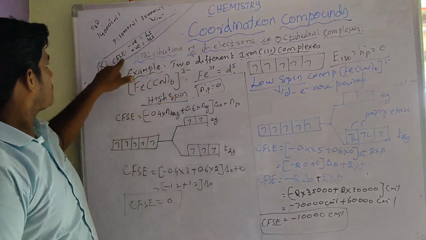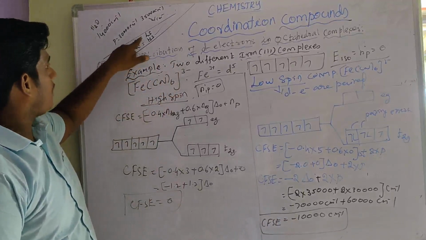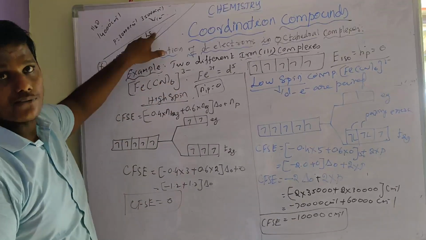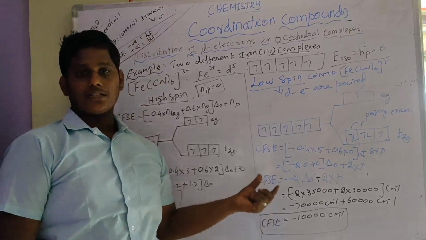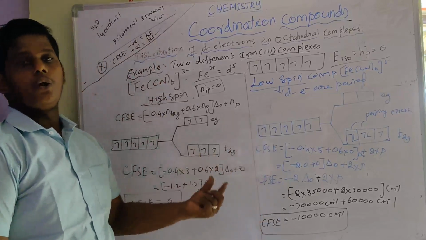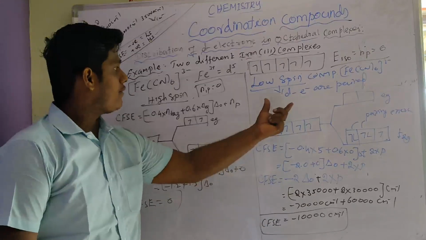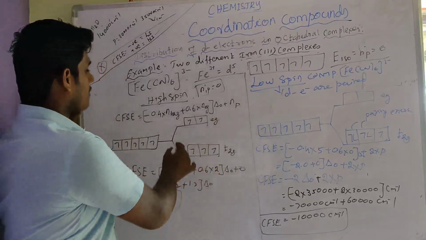A negative CFSE value means the low spin complex is favored. In most cases, when the crystal field stabilization energy is negative, the low spin complex is favored, not the high spin complex.